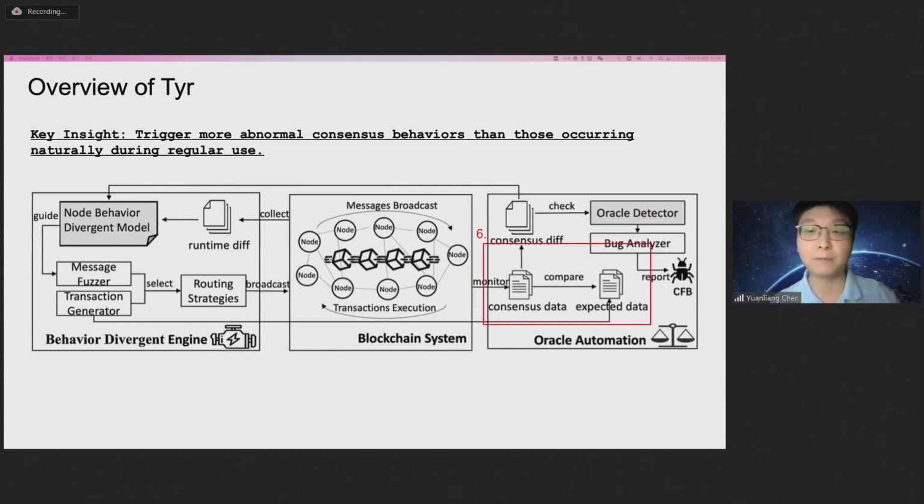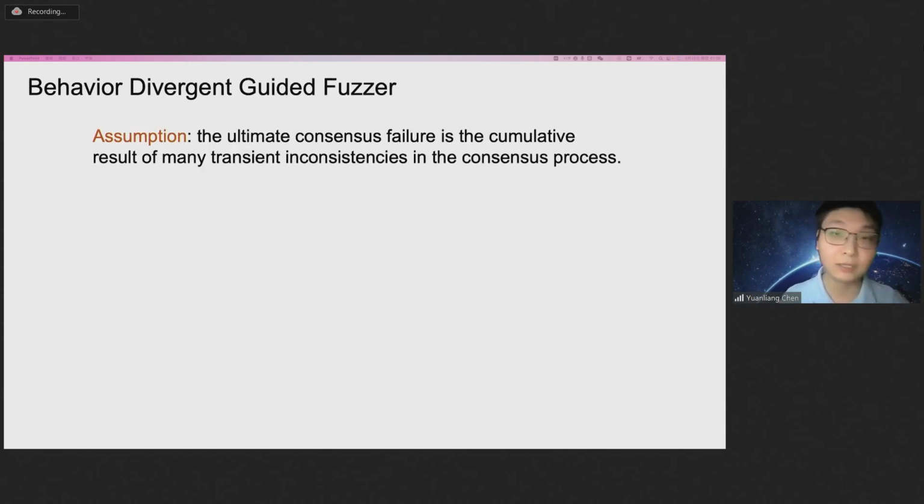The oracle detector compares the consensus data with the expected data and identifies if the nodes violate the oracle by checking the consensus difference. Finally, TIA proceeds to the next iteration from step 1 to step 6 of the testing process until termination.